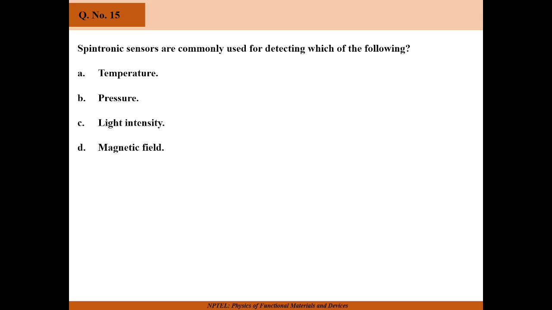Spintronic sensors are commonly used for detecting which of the following: temperature, pressure, light intensity, magnetic field?